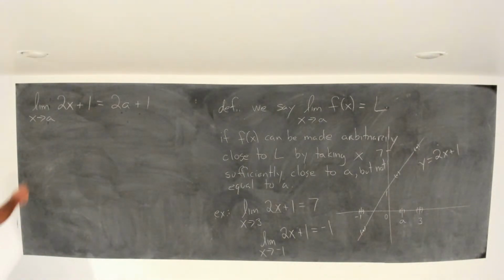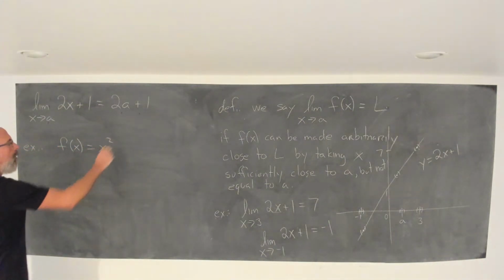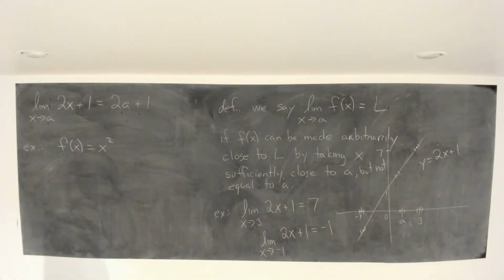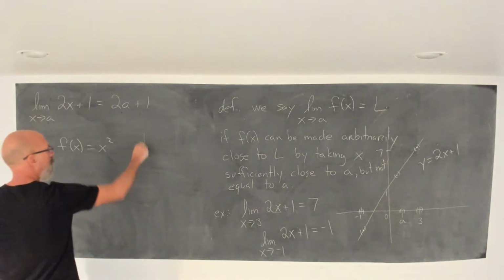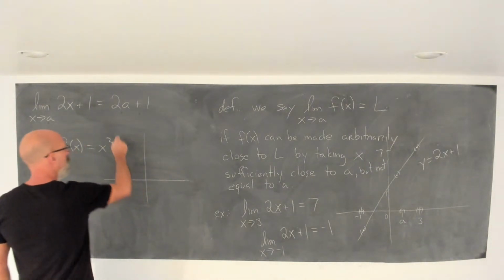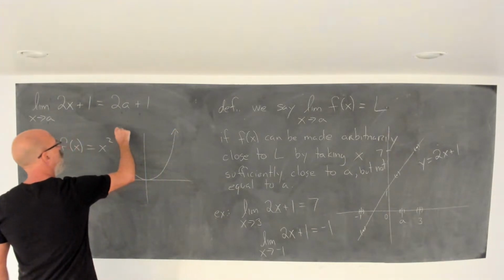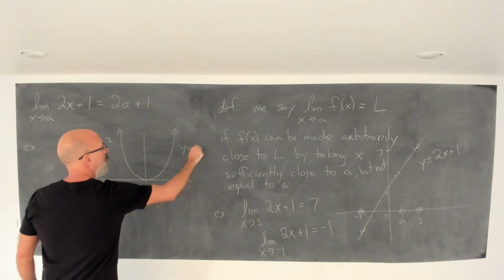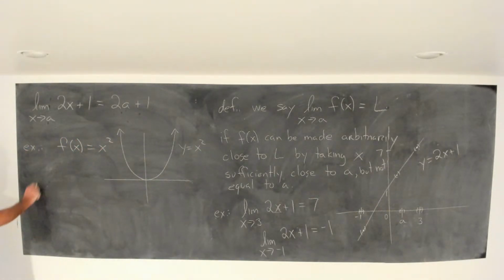Let's take another example. Consider the function x squared. You know the graph of this function. My question to you is, what is the limit as x goes to 3?